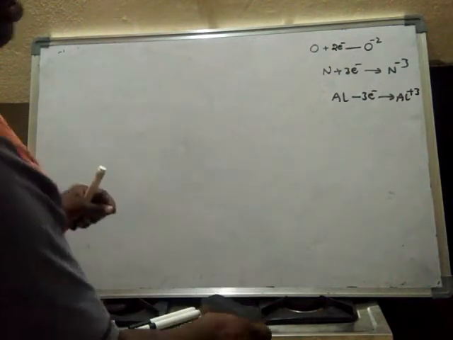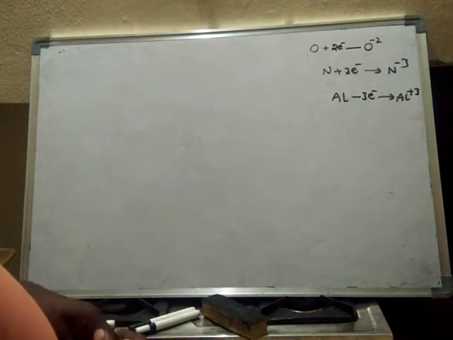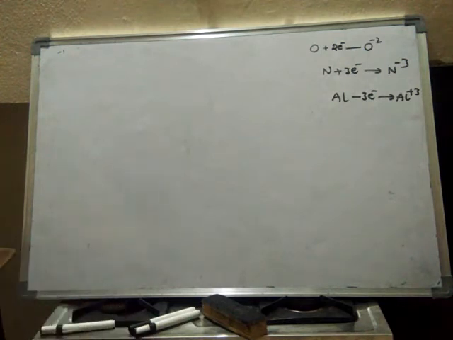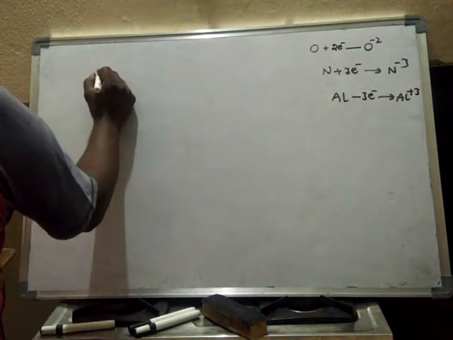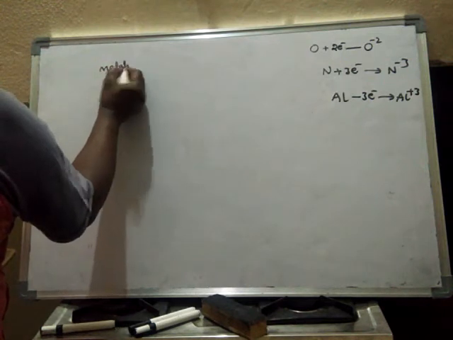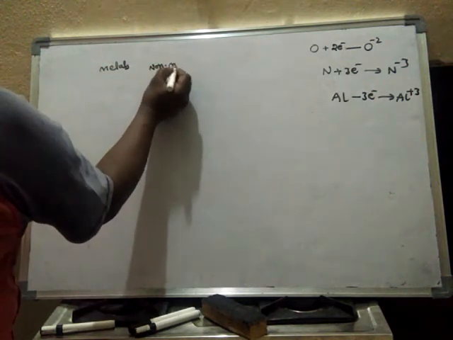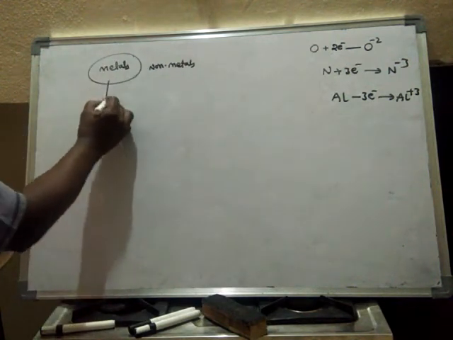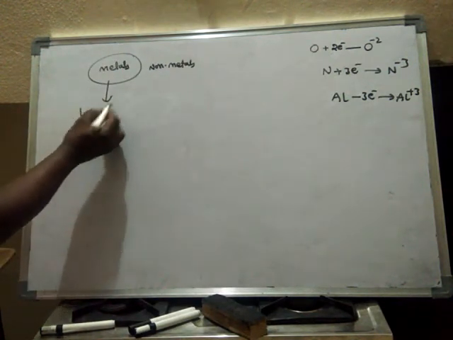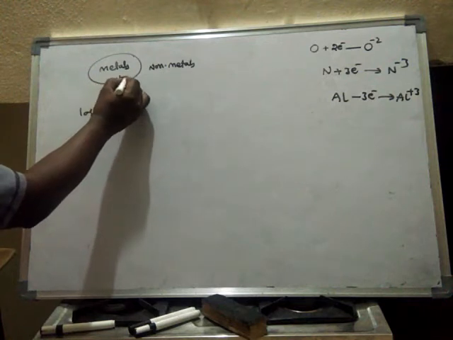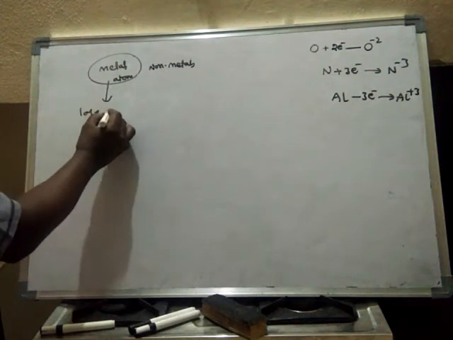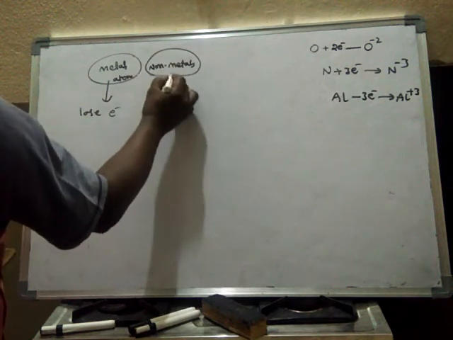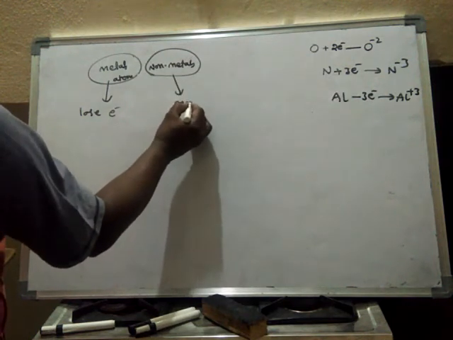So based on the electron losing or electron gaining nature of atoms, all the atoms are classified into metals and non-metals. Metal atoms lose electrons, whereas non-metal atoms gain electrons.